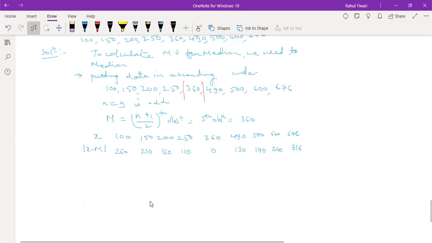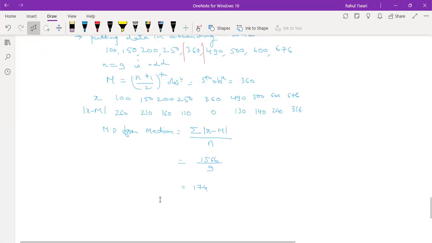Therefore, MD from median is equal to summation mod of X minus M upon N. It is going to be, just add up all of this and divide by 9 because N is 9. So is it 1566? Please check it and let me know whether it is right or wrong.